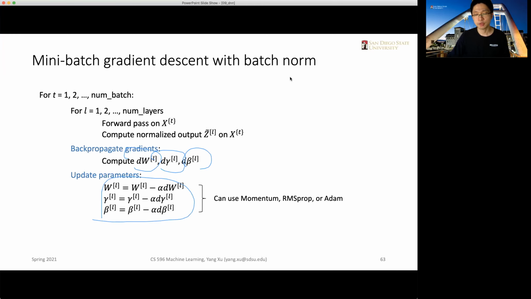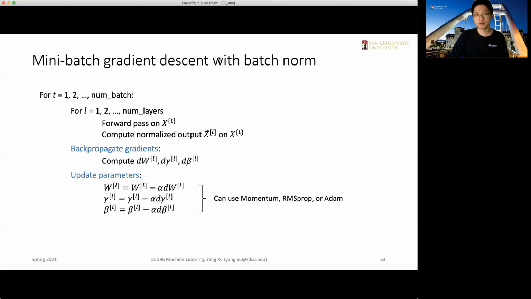So we can use whatever techniques we have defined previously, like momentum and Adam, upon these gradients for W, gamma, and beta, just like their usual parameters.